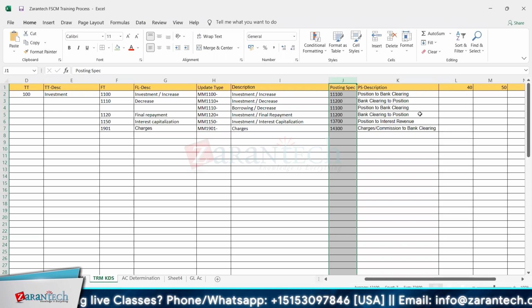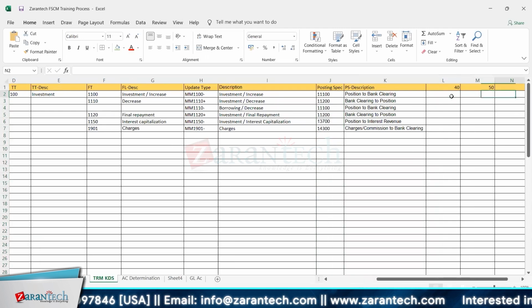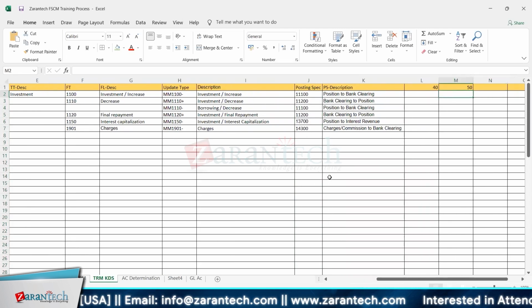If you don't maintain this KDS, you won't be able to manage your treasury implementation because there is so much confusion and so many different types of GL requirements, it is not manageable. That's why we have to have a proper KDS. I have developed this KDS over the last 4 to 5 years. Now I'm very comfortable managing any kind of product implementation.